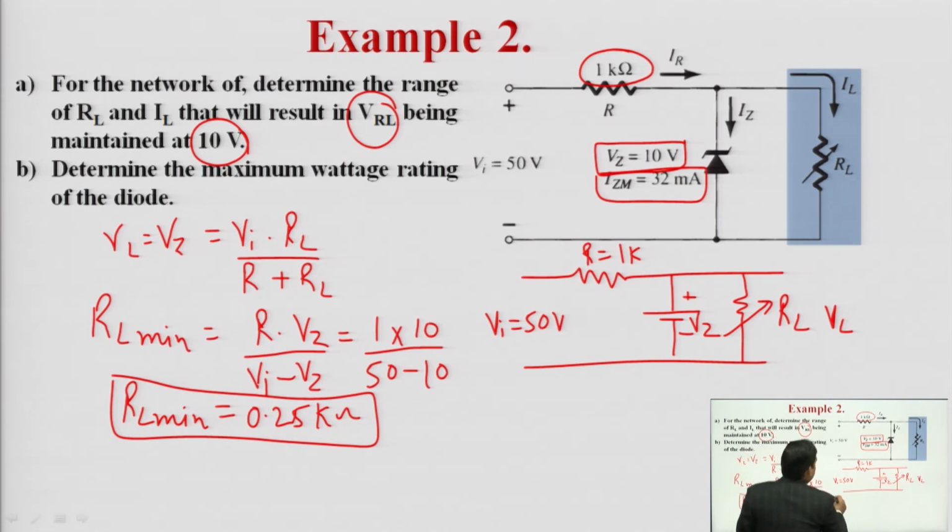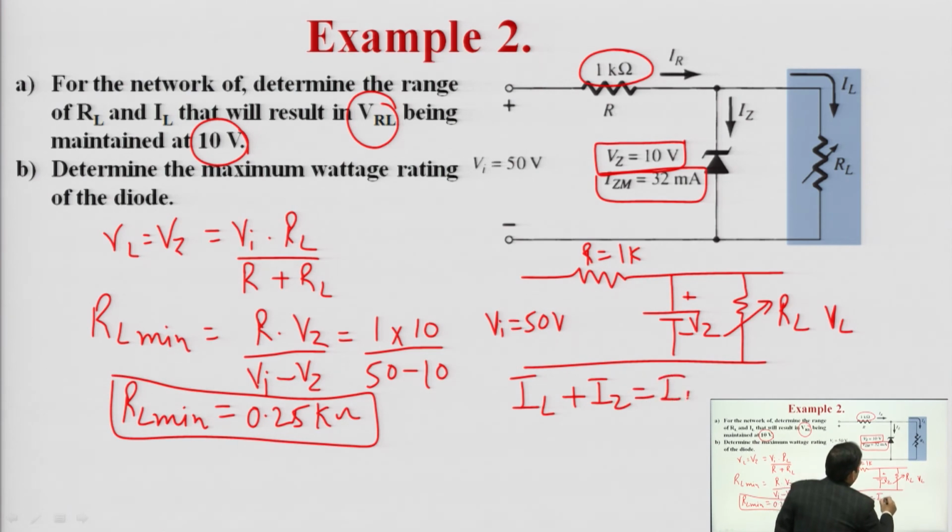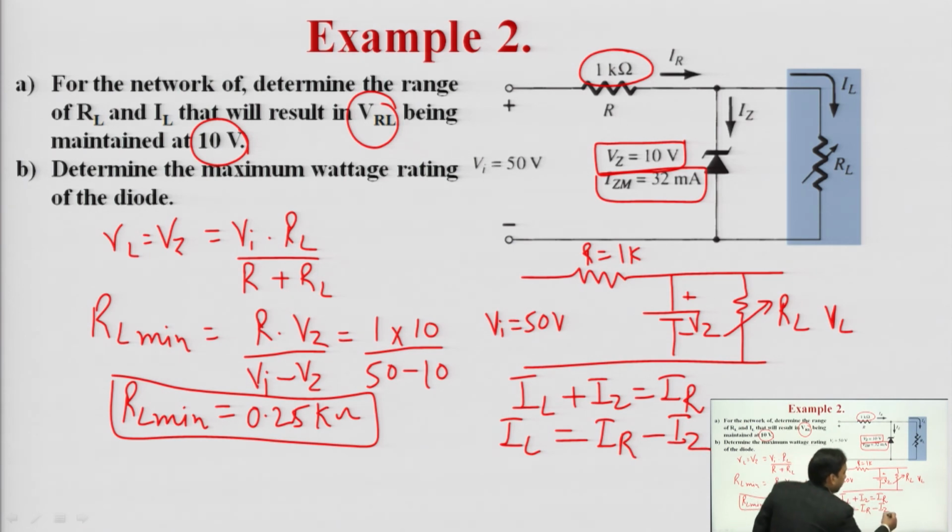Now, we have to calculate the maximum value of load resistance RL. For that, IL plus IZ equals IR, or IL equals IR minus IZ. If we are utilizing the maximum value of Zener current, then we will have the minimum value of load current, and we can calculate IR also.